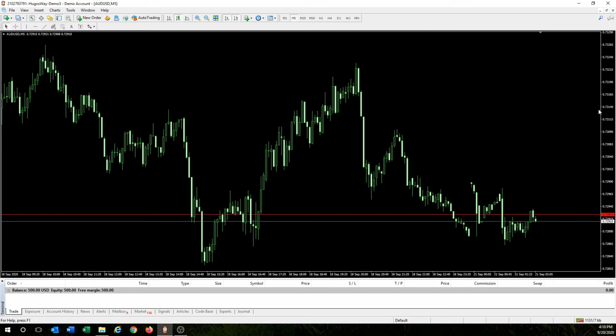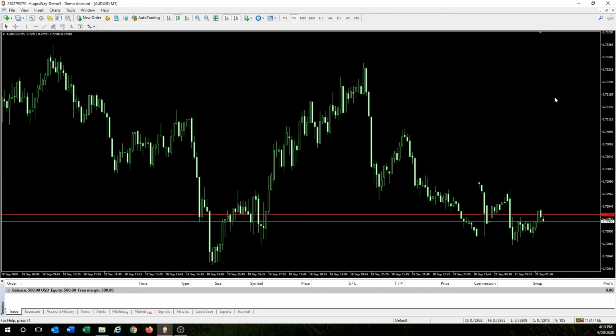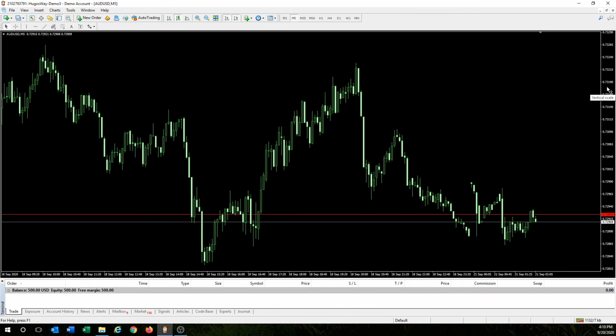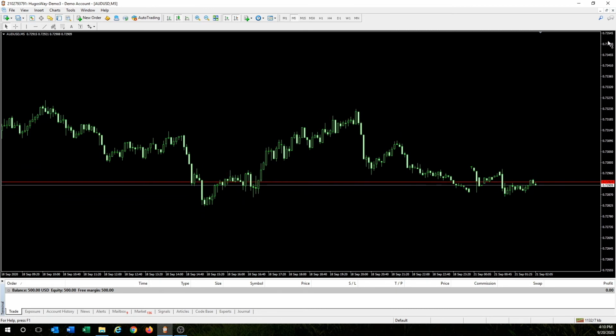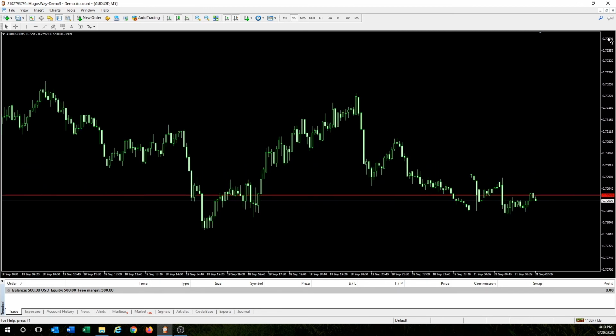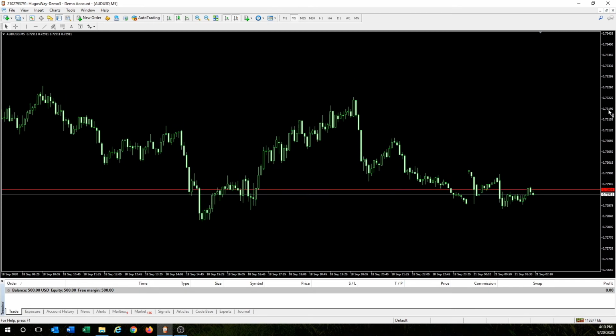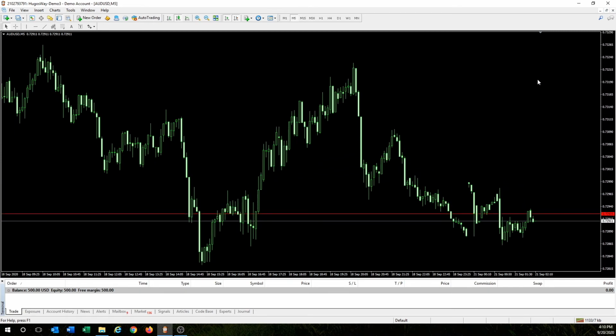If you want to also manipulate your charts, right on this column right here, you can use your mouse. You left click and hold, and then you can shrink the chart vertically. I want you to be familiar with doing that. That's one way to manipulate your charts.